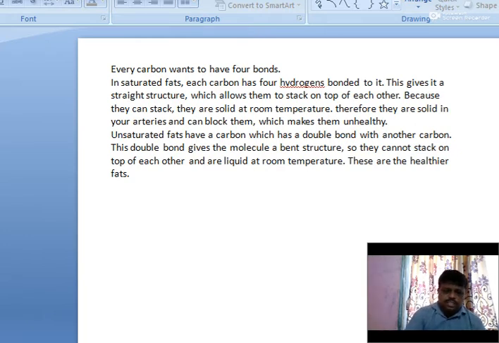There are two types of compound lipids: one is phospholipid and the other one is glycolipid. This totally depends on the type of compound, whether it is a phosphate compound or a sugar compound.